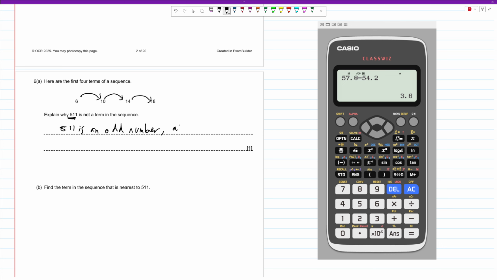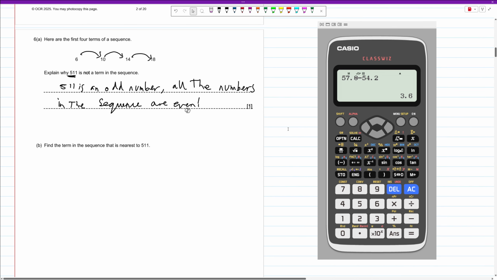All the numbers in the sequence are even.